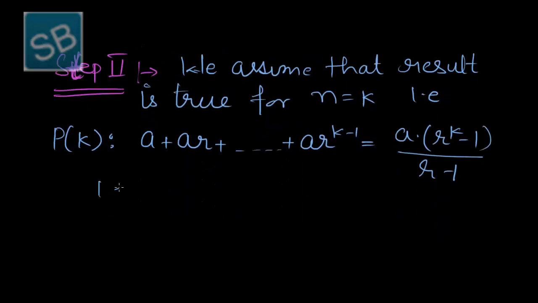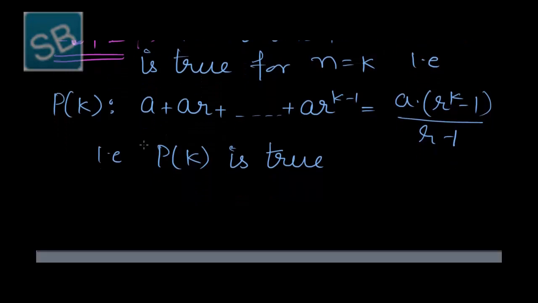That is, P of k is true. That is, result is true for n is equal to k. Now we will prove the result for n is equal to k plus 1. That will be done in the step 3.